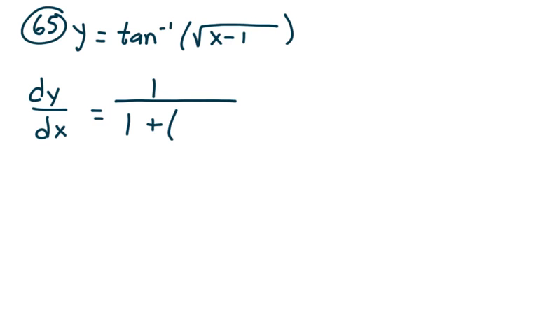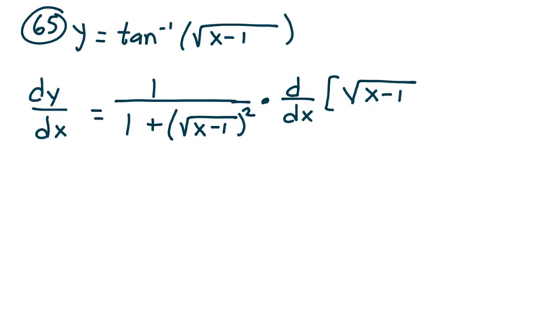So in other words, I'm going to take 1 plus the square root of x minus 1 squared. And I'm going to take this result and I'm going to multiply by the derivative of the inside function with respect to x. So in other words, I'm going to multiply by the derivative of square root of x minus 1 with respect to x. So this is 1 over 1 plus the square root of x minus 1 to the second, which is just x minus 1.